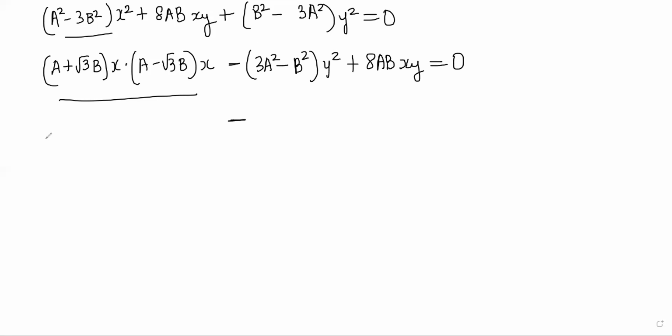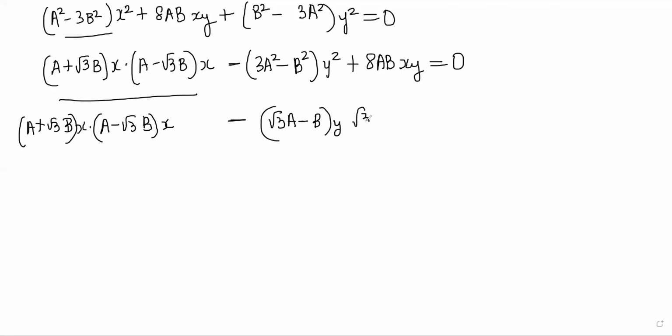And I will write this also like this: a plus root 3b x, a minus root 3b x, minus root 3a minus b y and root 3a plus b y, plus 8ab xy, right? It's the same thing, right?